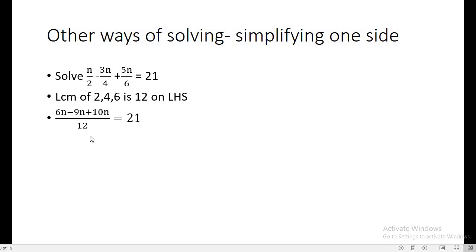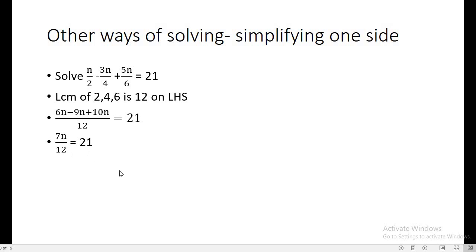As 12 is the LCM, 2 requires 6 to become 12, so the numerator is multiplied by 6. Similarly 4 requires 3, hence the numerator is multiplied by 3, and 6 requires 2, so the numerator is multiplied by 5. So solving 6n minus 9n plus 10n, we have 7n by 12 equals 21.